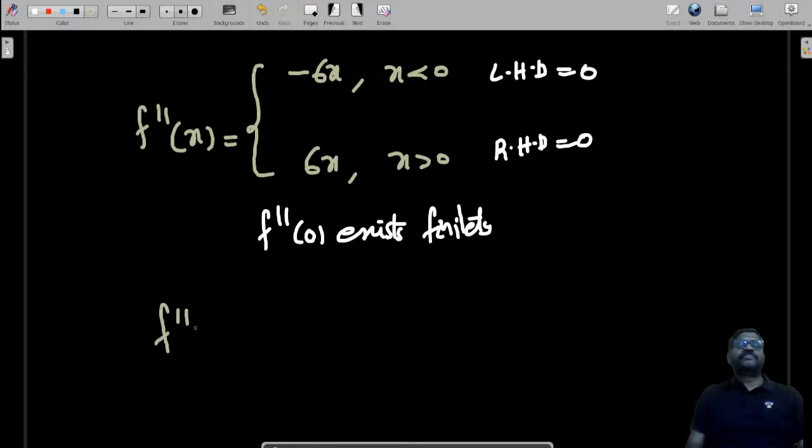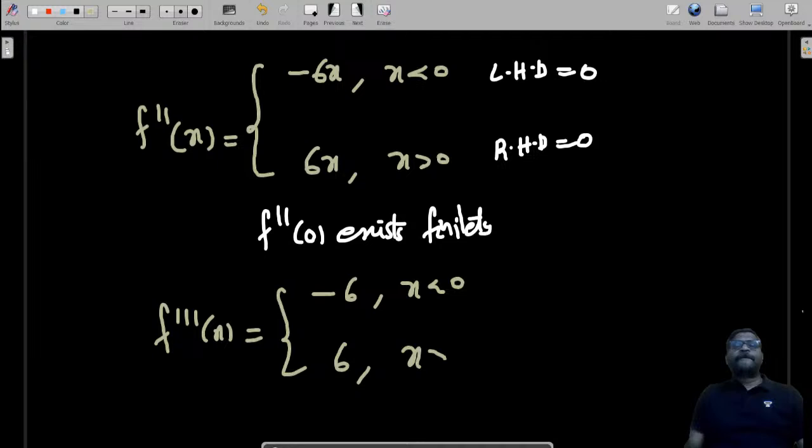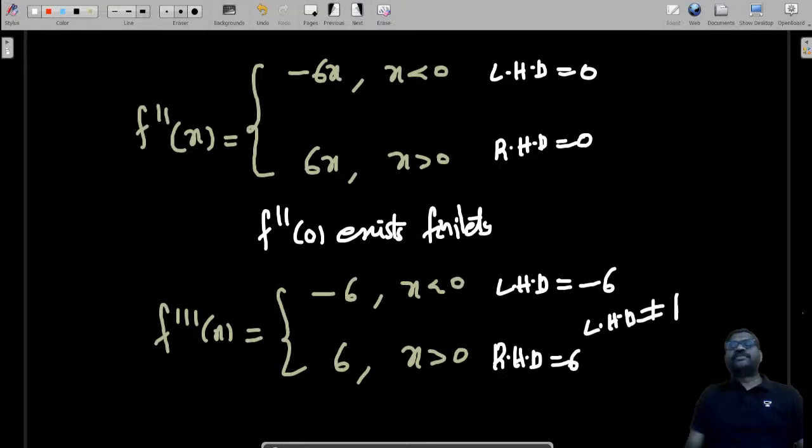Now third time. Minus 6 when x is less than 0, plus 6 when x is greater than 0. Left hand derivative is minus 6. Right hand derivative is plus 6. Left hand derivative is not equal to right hand derivative.